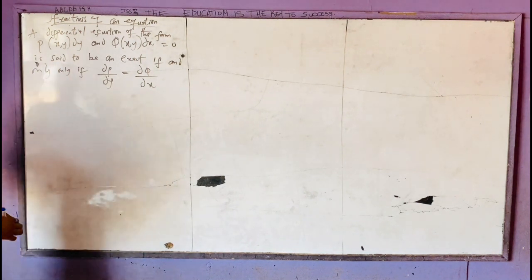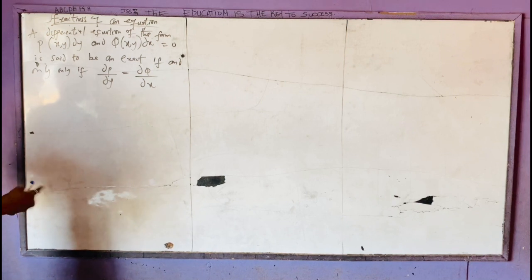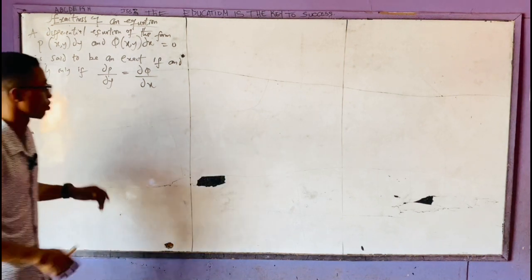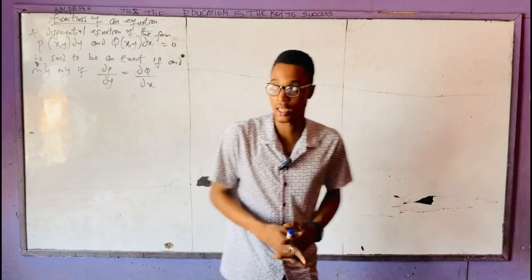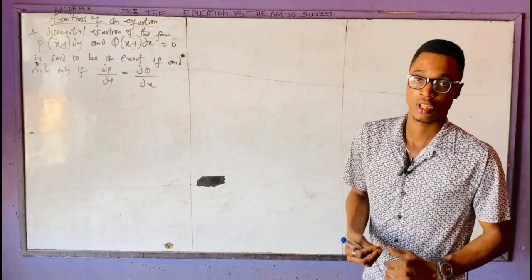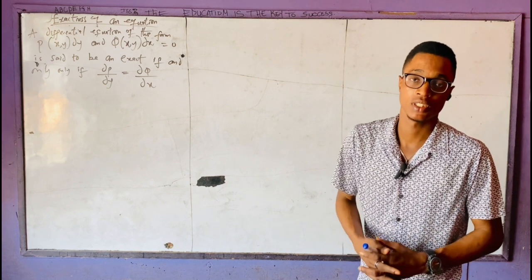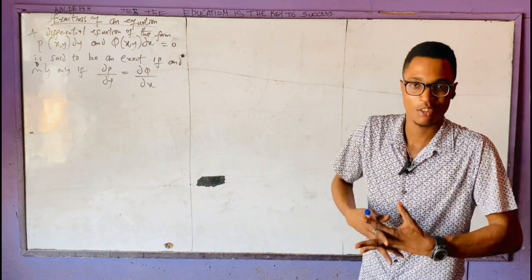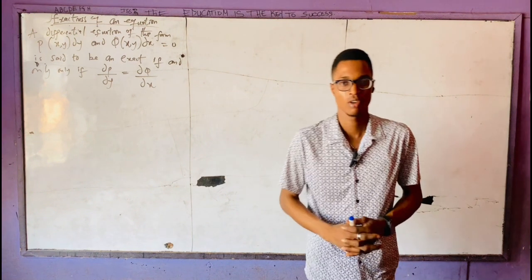So we have the differential equation of the form P(x, y) dy and Q(x, y) dx equals 0 is said to be exact if the partial derivative of P is equal to the partial derivative of Q.